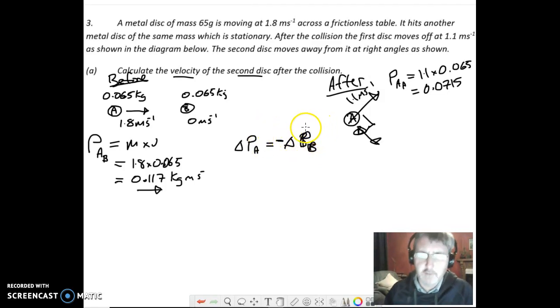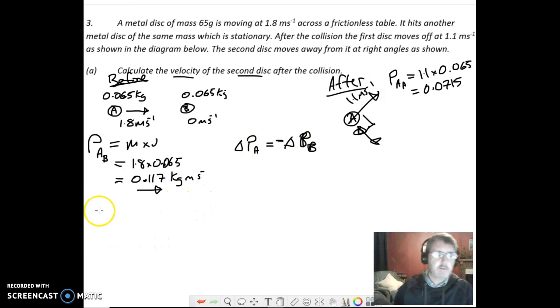The line's going to be the same, but the arrowhead's going to be on the other side. These two have to be opposite. Newton's third law: if you've got two things in a situation, and the momentum changes in one, the equal and opposite momentum must change in the other.